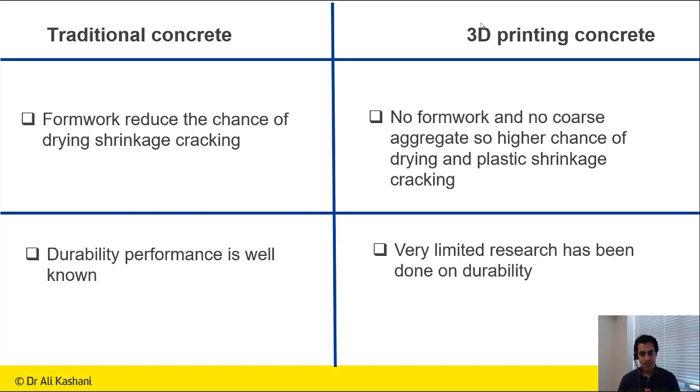So as you can see, there are a lot of things that need to be understood before we can say that 3D printing is going to be the method of construction within the next 5 or 10 years. So it is still progressing, but I can surely say that the progress has been very, very fast.